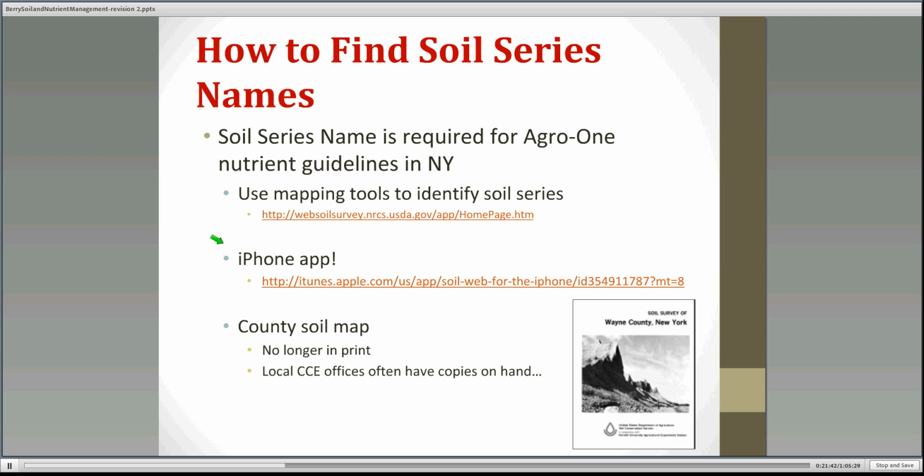There's actually an iPhone app, and you can get this from this presentation and actually use that to find the soil name for your particular location. And or if you don't want to go either of those routes, you can go to a cooperative extension office. Often they have copies of the same materials and can help you to identify the soil name for your field.